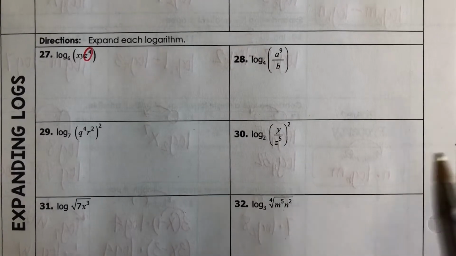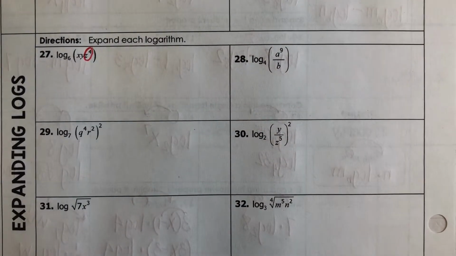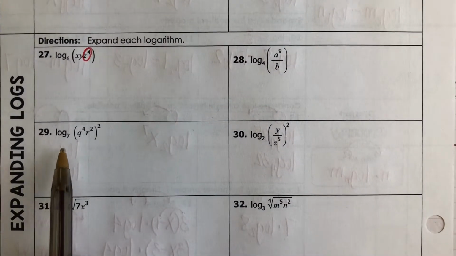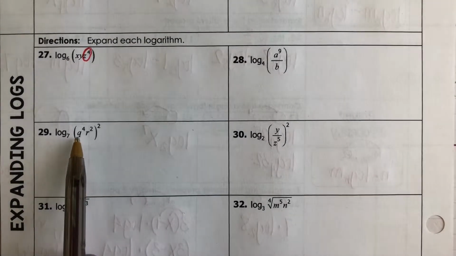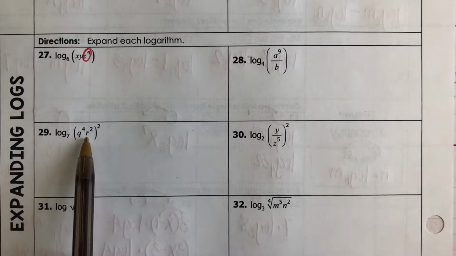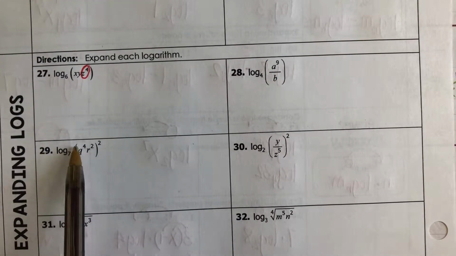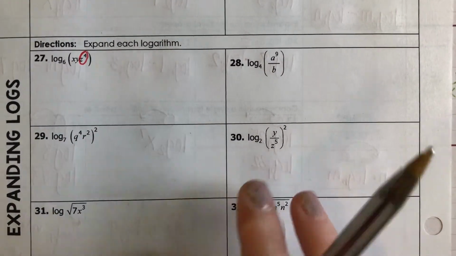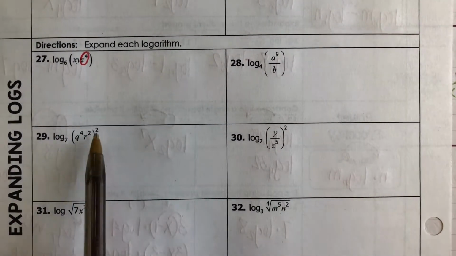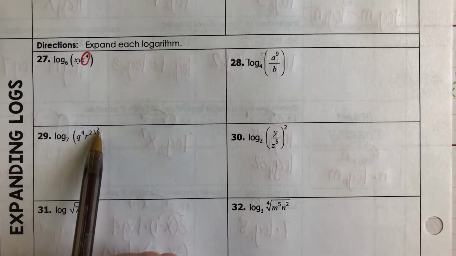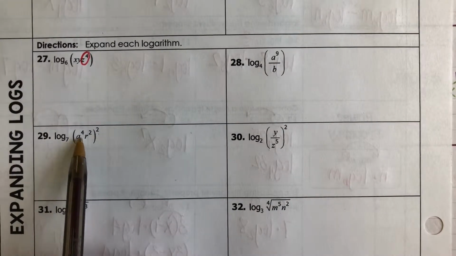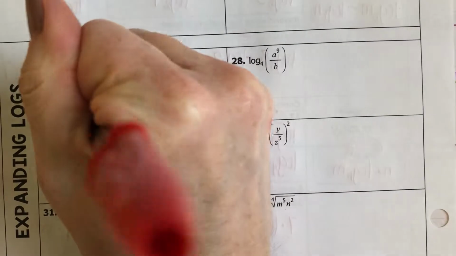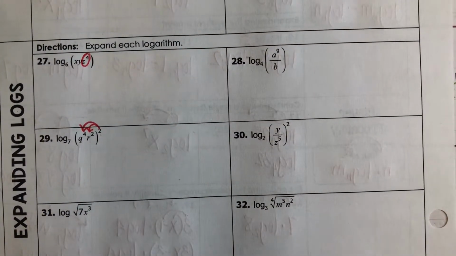Okay, let's look very carefully at number 29, okay? I have q to the 4th, r squared, and then around those, I have a square. Now this square belongs to both the q and the r. I could go ahead and distribute that 2 inside here.